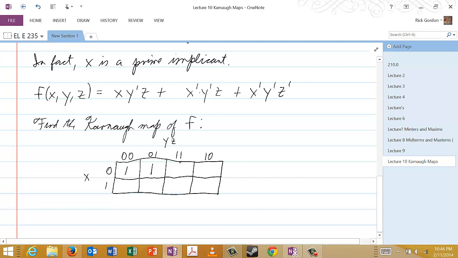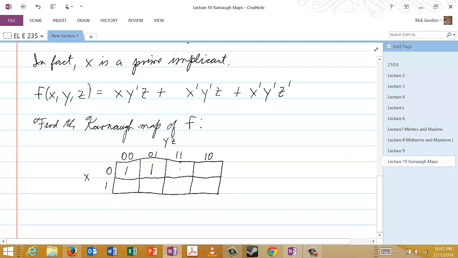And that is because the function is equal to 1 in this cell because x is 0, y is 0, and z is 1, and with those particular values of the variables, this term will be equal to 1, so we don't even have to check the rest of f because this is 1, and therefore f itself is equal to 1.